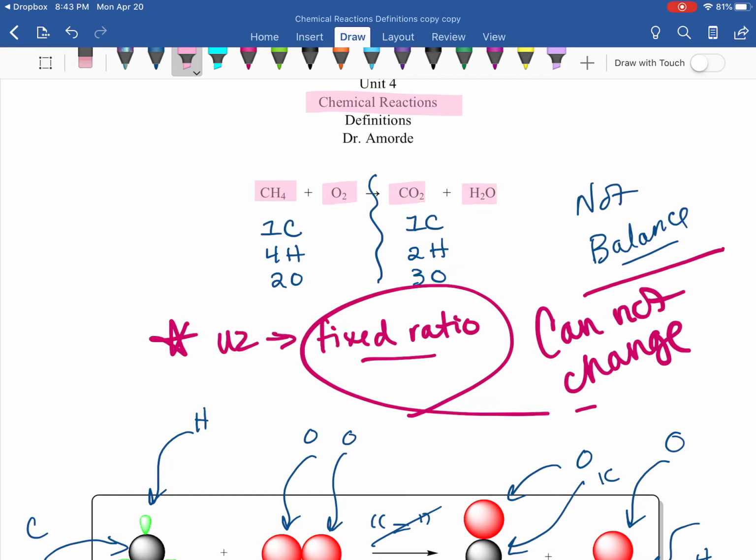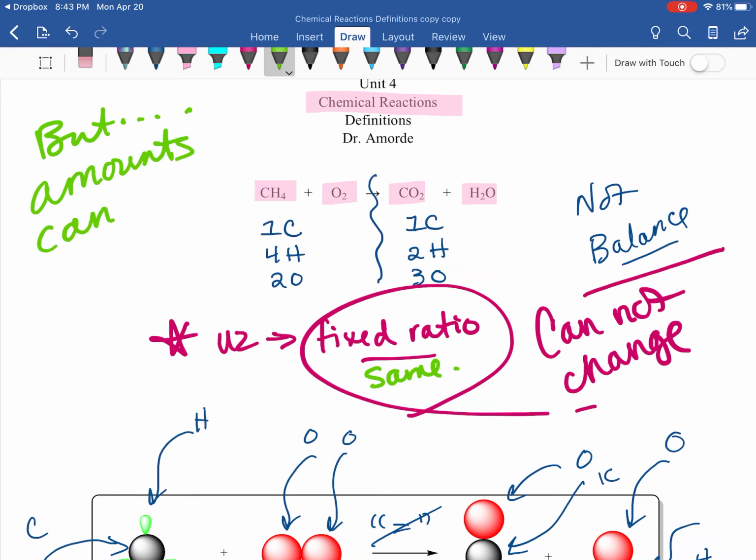You can't change it to CH2. CH2 doesn't exist as that. Okay, so you can't change the O2, the CO2, or the H2O. So how do you balance a reaction then? What's fair game? Fixed ratio has to stay the same, but amounts can change. All right, so what does that mean? Well, that means what if we have 1 methane and 2 oxygens?